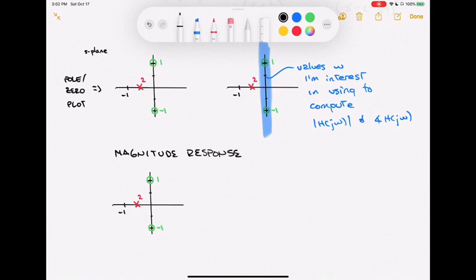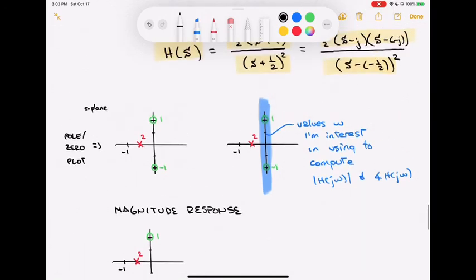Actually, you know what? I might even do something a little different on that. If you look back at this pole zero plot and you remember our basic observation, that as frequencies near zeros, the overall response gets smaller, and as frequencies get near poles, the response gets bigger. If you take a look at the frequencies that I look at, what is this frequency right there at the origin?